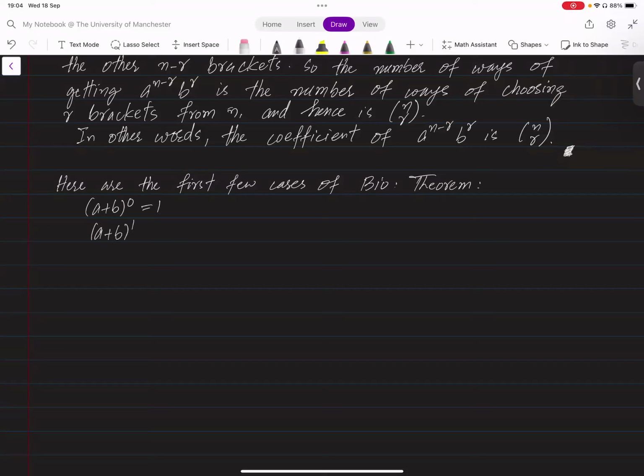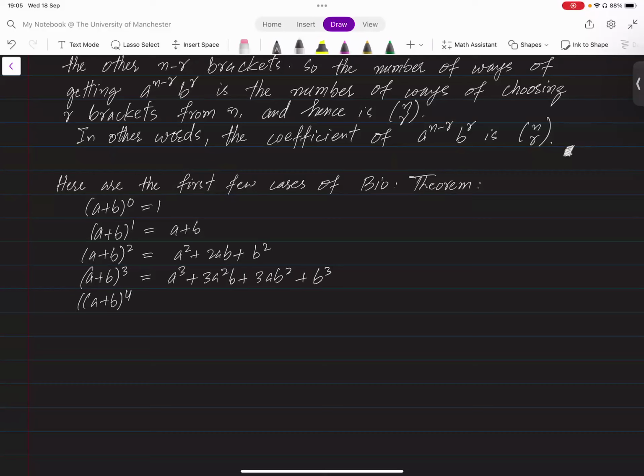(a plus b) power 1 is a plus b. (a plus b) power 2 is a square plus 2ab plus b square. (a plus b) power 3 is a cube plus 3a square b plus 3ab square plus b cube. (a plus b) power 4 is a power 4 plus 4 a cube b plus 6a square b square plus 4a b cube plus b power 4.